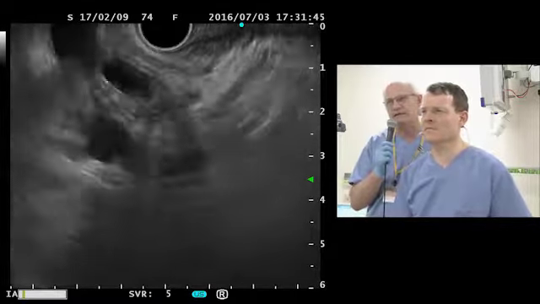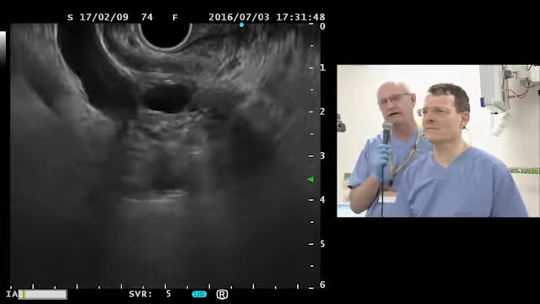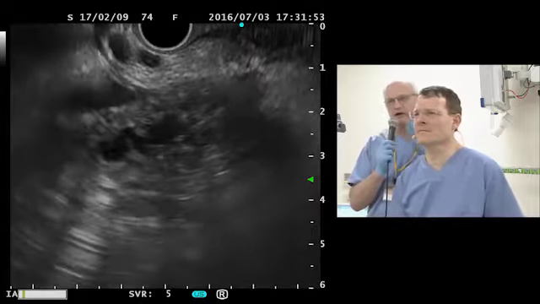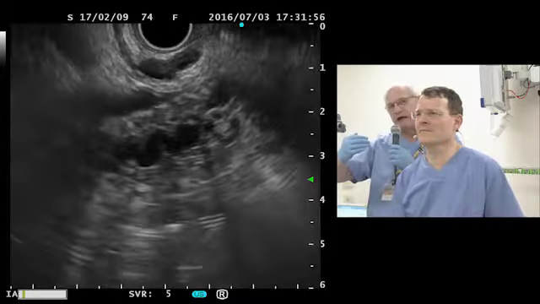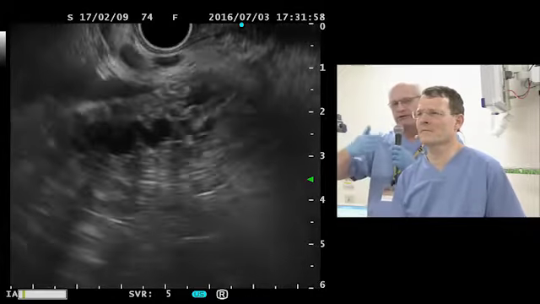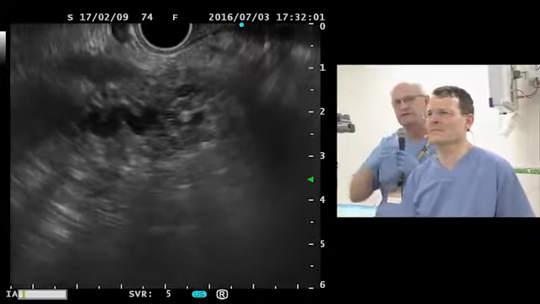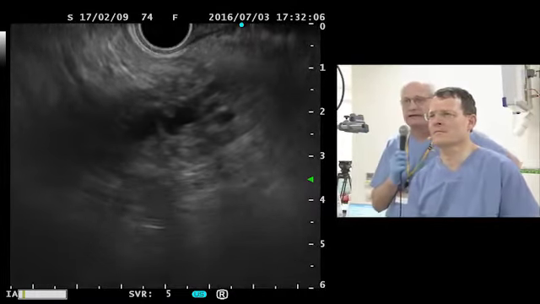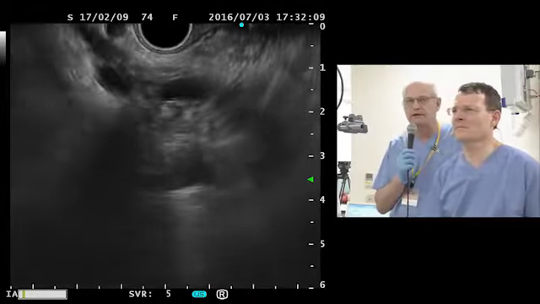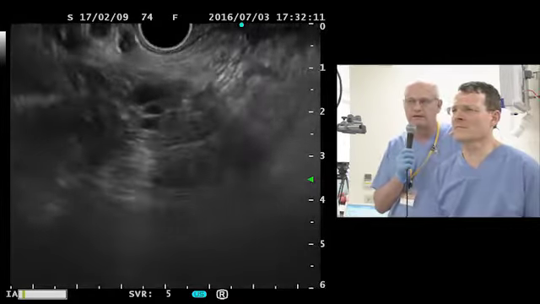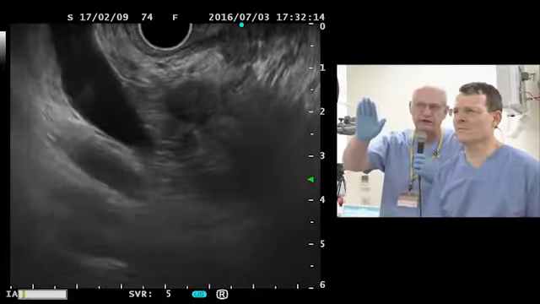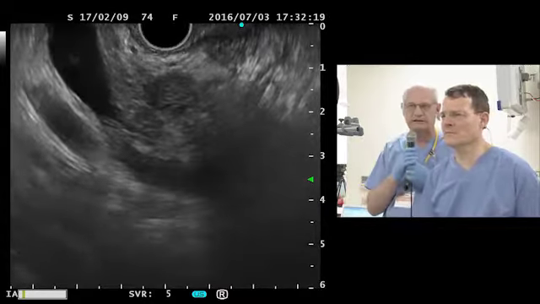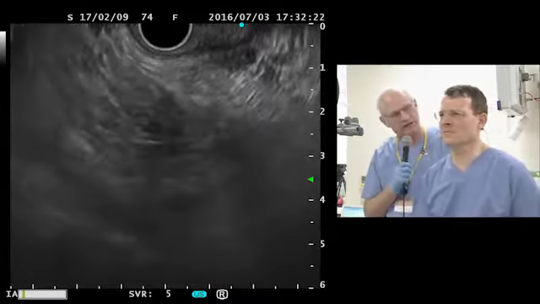We did not see any ductal thickening in the body and tail, but I think they will resect the head of the pancreas, and then they'll need to look at the cut margin. Sometimes you end up getting high-grade dysplasia at the cut margin, and these patients sometimes end up getting a total pancreatectomy. So it's a difficult problem, but this is clearly an abnormal lesion, likely an early carcinoma, and it does look resectable to me.